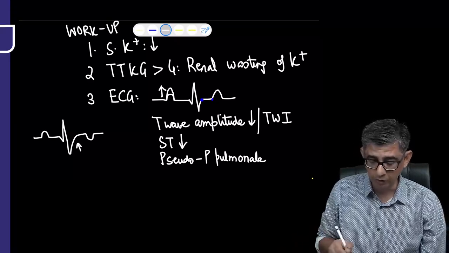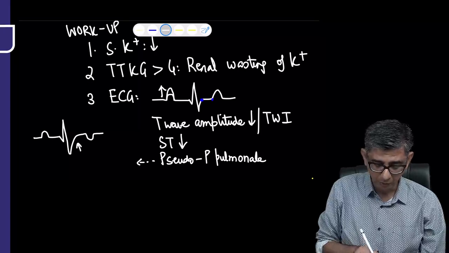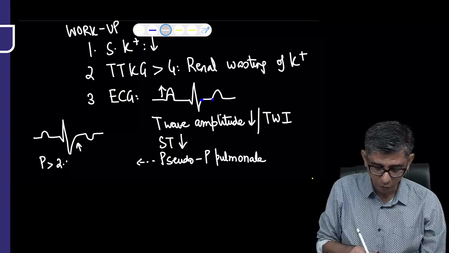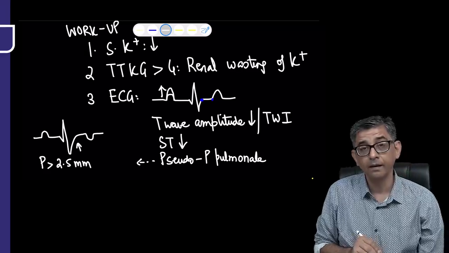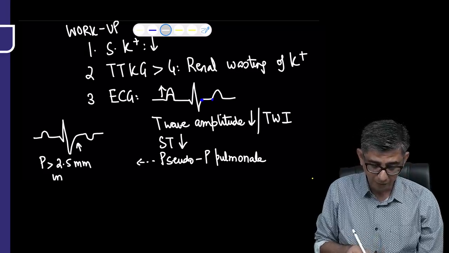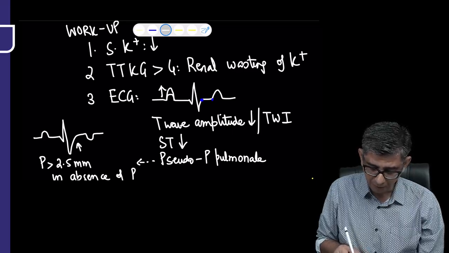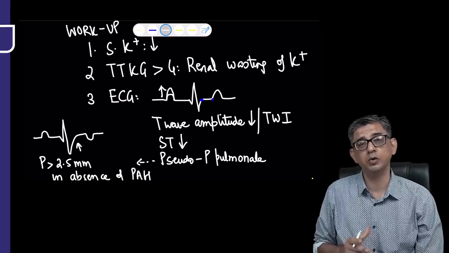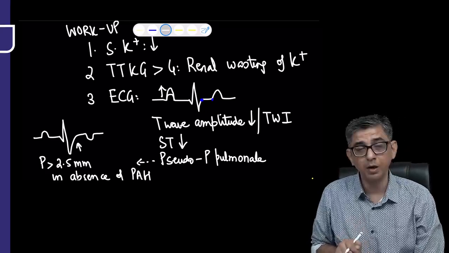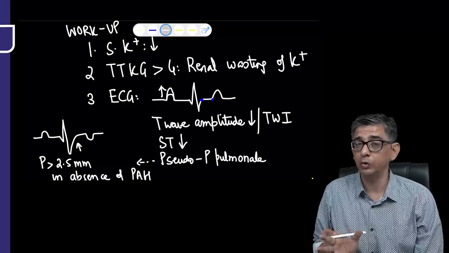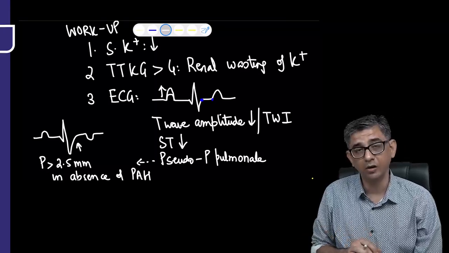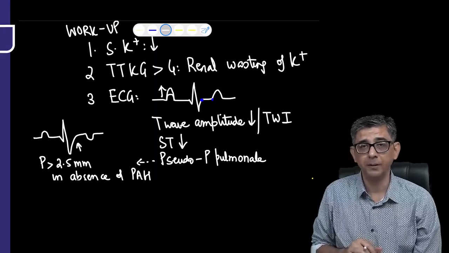So the meaning of pseudo P pulmonale is that the P wave amplitude is more than 2.5 millimeter. The traditional definition of P pulmonale is P wave vertical amplitude more than 2.5. Here there is no pulmonary artery hypertension, still the height is more due to the electrolyte imbalance. That is why we're going to call it pseudo P pulmonale.